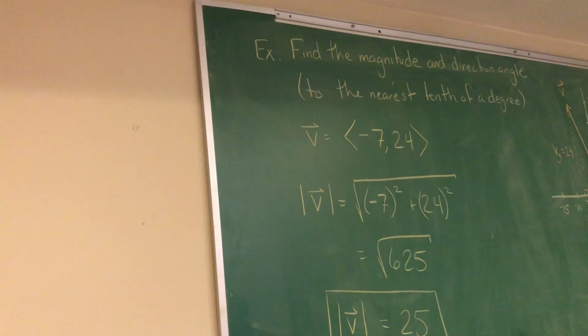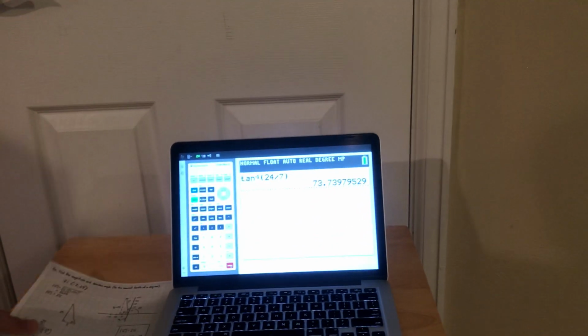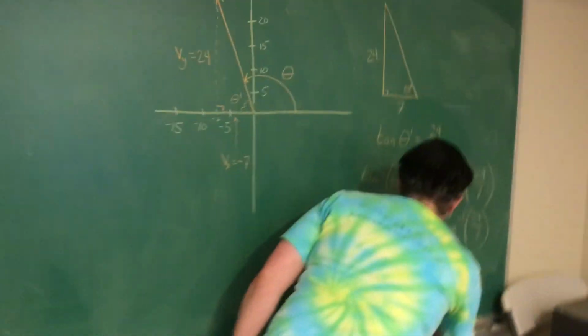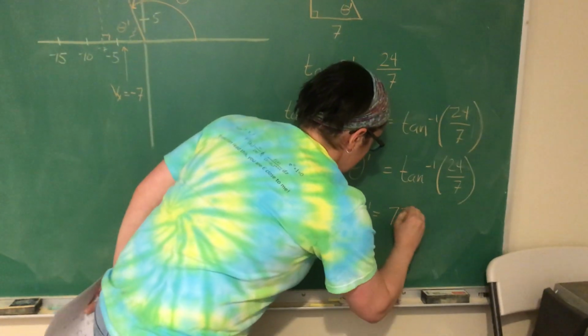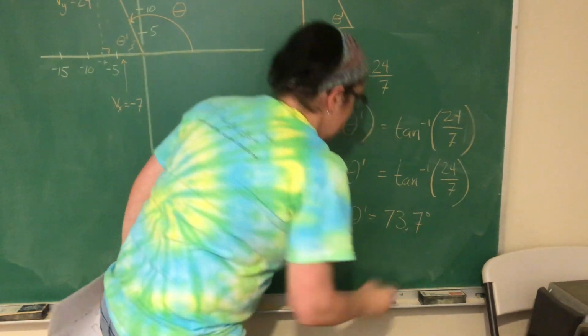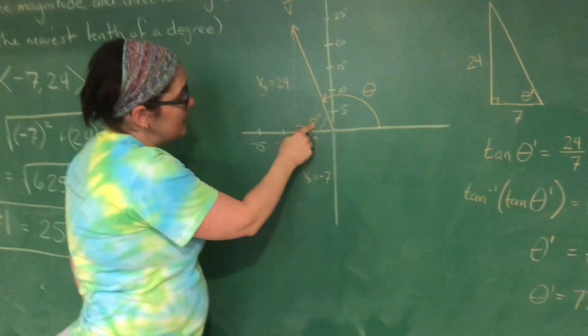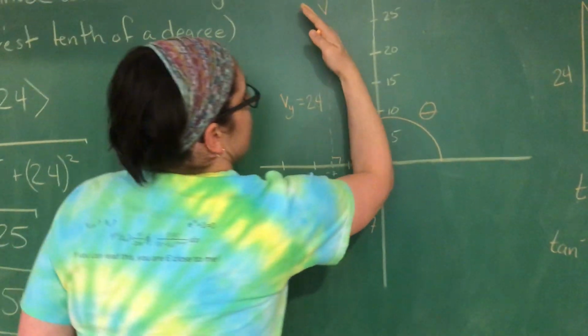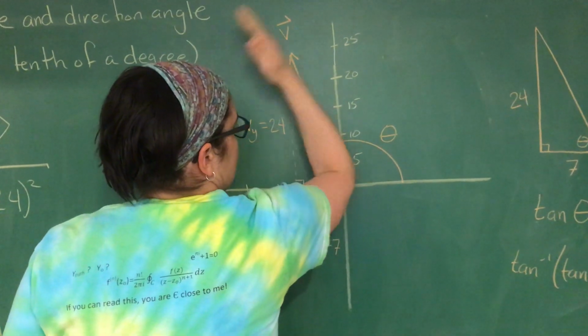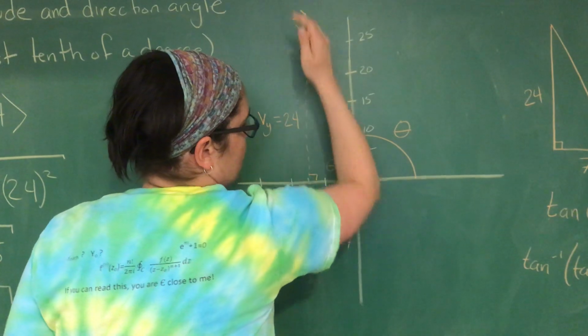We're asked for the nearest tenth of a degree, so we're going to round off to 73.7. Okay, so our reference angle, theta prime, is 73.7 degrees. So that's this angle right in here. The angle between our vector and the negative x-axis is 73.7 degrees.